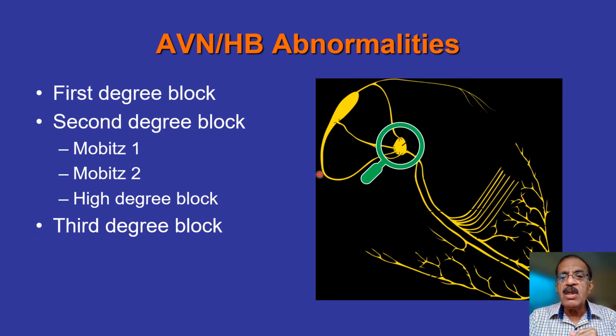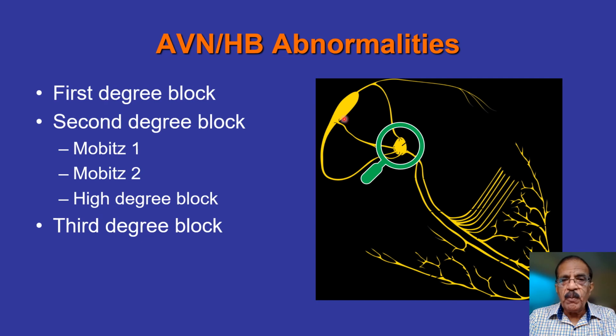But in third, no atrial depolarization reaches the ventricles. Then how do the ventricles get their depolarization? There has to be a pacemaker in the ventricles. One of these conduction systems will start working as the AV node. Again, we will discuss it in detail because this is a very important condition, in some subsequent video.